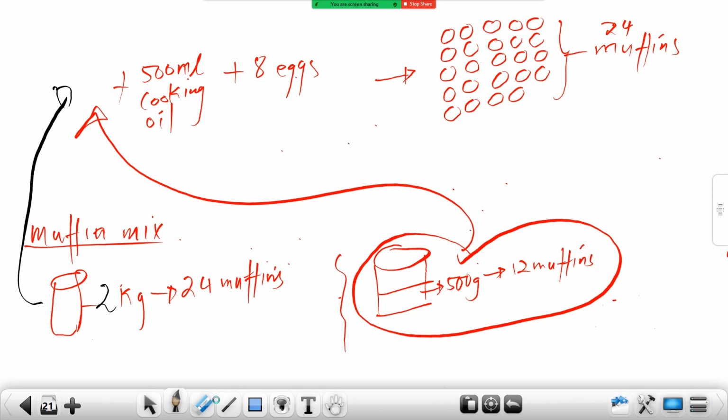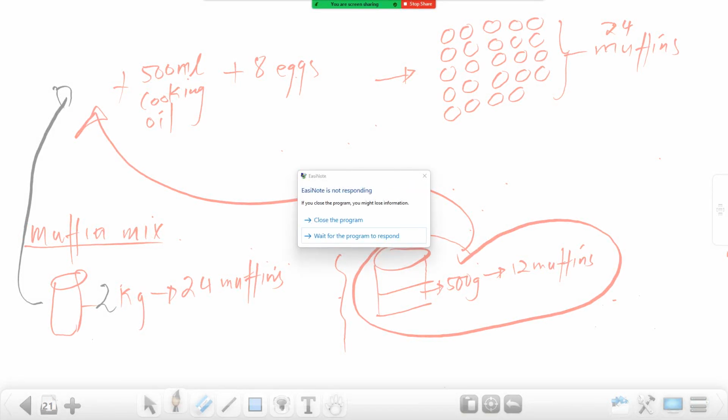I'm going to repeat. If I have 500 grams of muffin mix, but according to the recipe, for me to get decent muffins, if I want 24 muffins, I must use 500 ml cooking oil and 8 eggs.